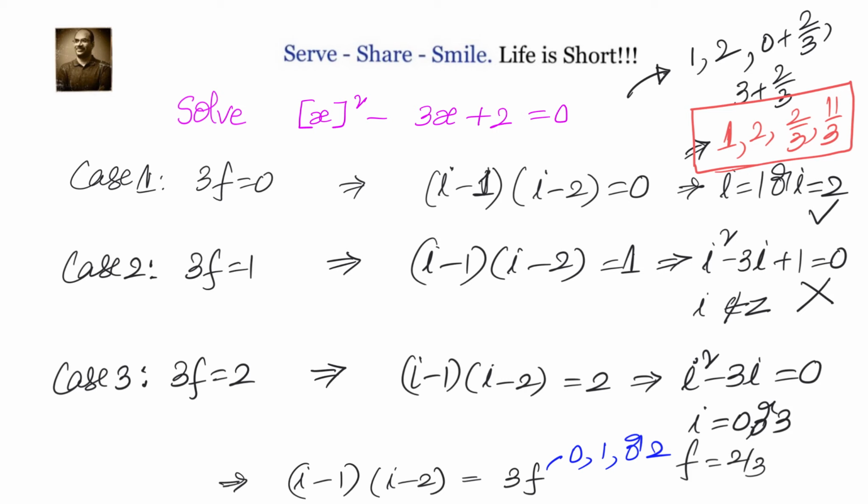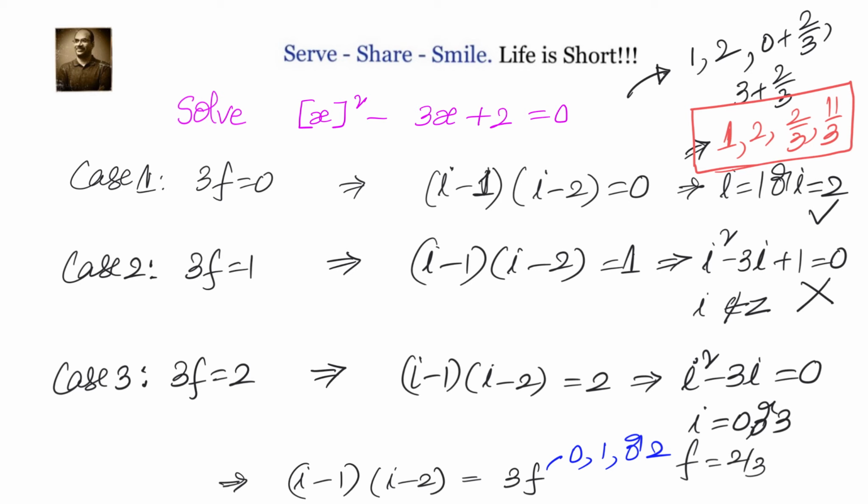That means I minus 1 into I minus 2 can be equal to 0, 1 or 2. We solved it for 0 and got I equals 1 or 2. That means x equals 1 or 2, because f is 0 there. Then we did it for 3f equals 1, I minus 1 into I minus 2 equals 1. We realized that I is not an integer when we solve it, so we ruled it out.